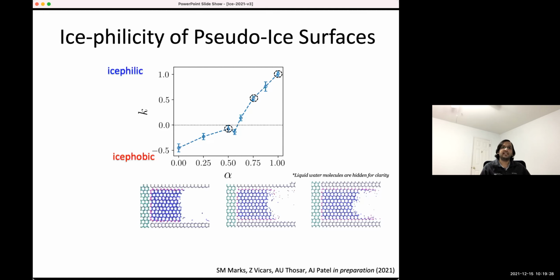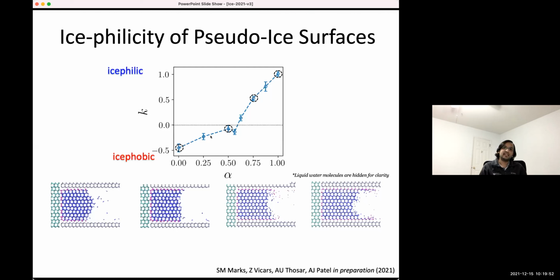By the time we reach half the charges, half the polarity of the ice surface, we have basically a neutral surface that likes neither ice nor water, or it likes them both equally. Further reducing the polarity leads to a further decrease in icephilicity, or it results in icephobic surfaces.